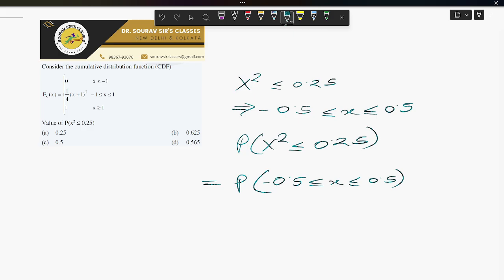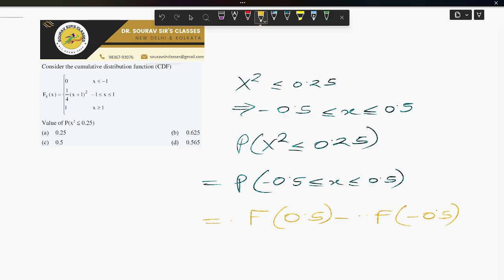So now we are going to use the CDF. The probability where X is lying between minus 0.5 and 0.5 can be computed using the CDF as F of 0.5 minus F of minus 0.5. Okay, so now what will we get?